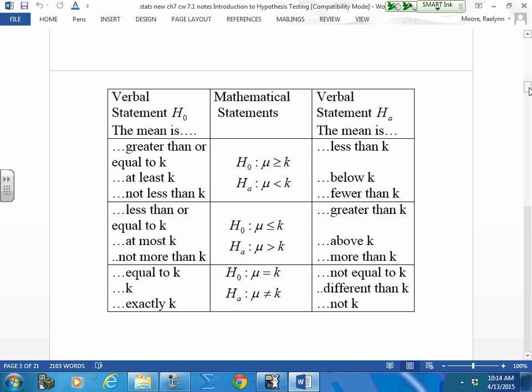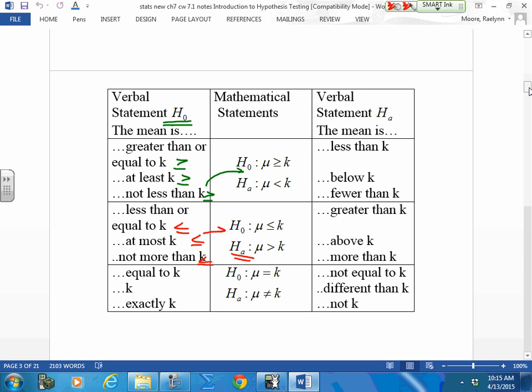If the H0 says greater than or equal to, at least, not less than, these are all greater than or equal to. So therefore, the HA has to just say less than. If on the opposite side, we say less than or equal to, at most, not more than, then your alternative has to say greater than.